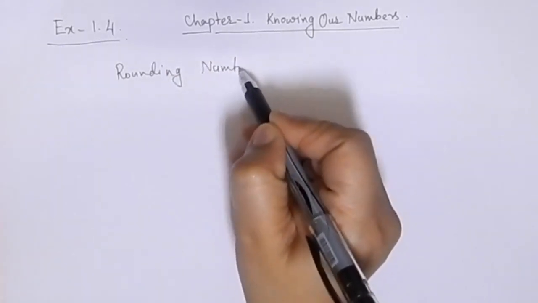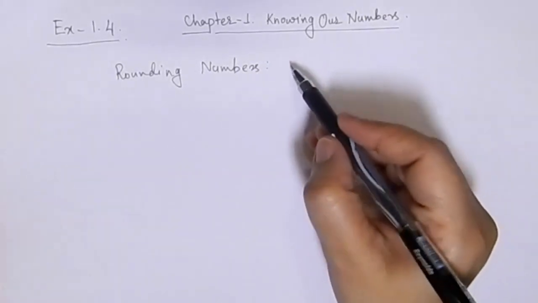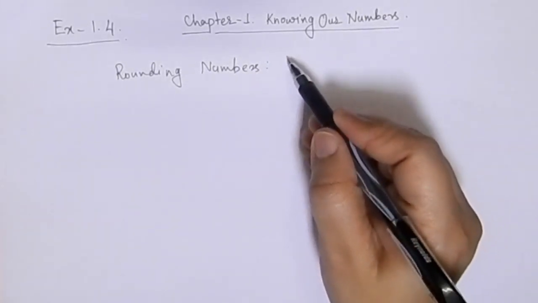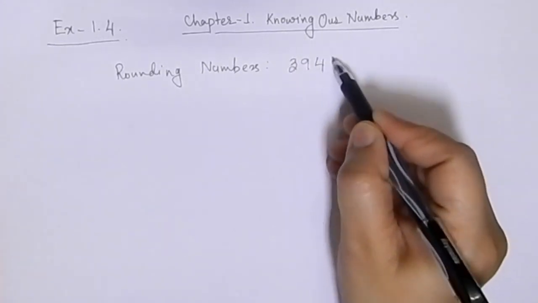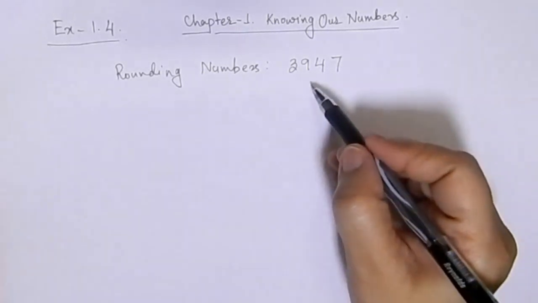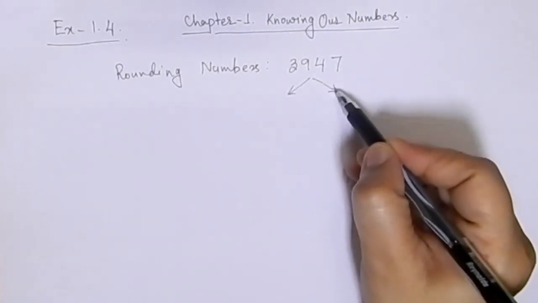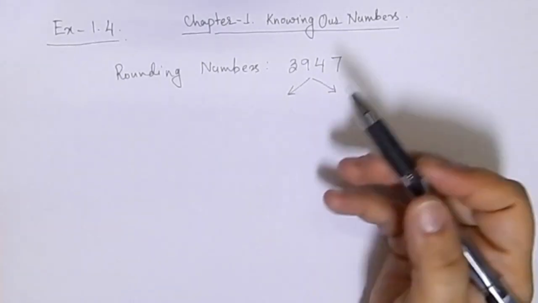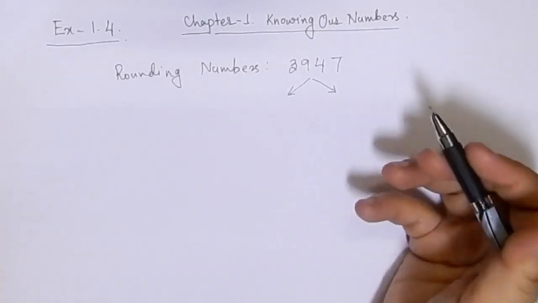Rounding numbers implies that if any random number is given to you, like 3947, and you want to find out which is the nearest 10 or nearest 100 or nearest 1000, that is called rounding off.